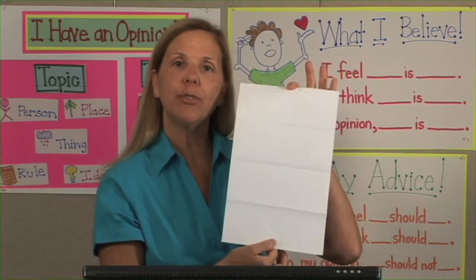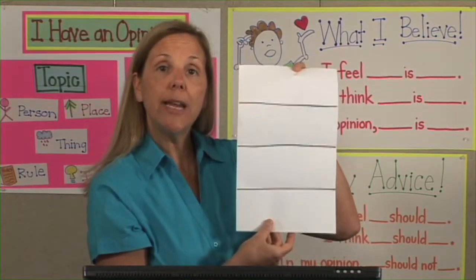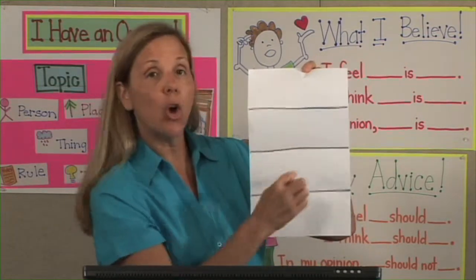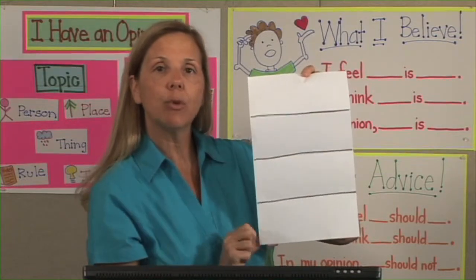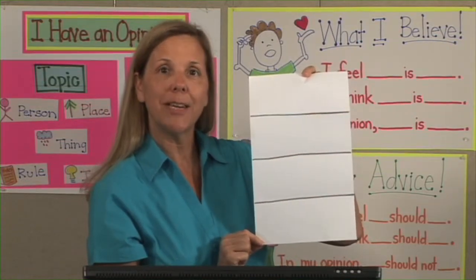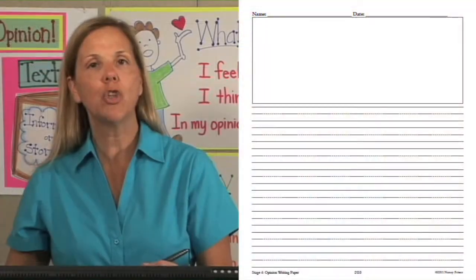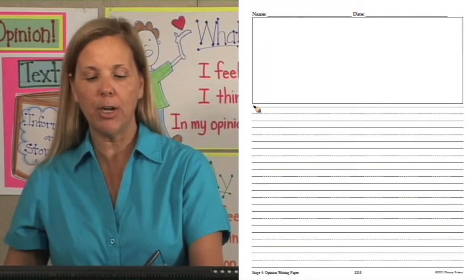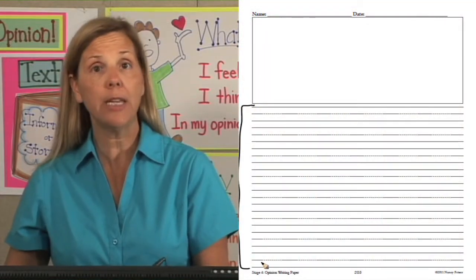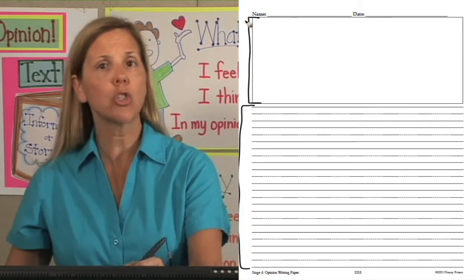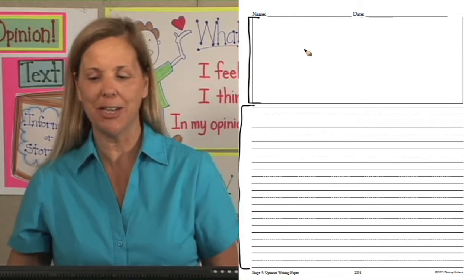When you give the students this paper, they should immediately draw lines on the folds so they will have those 4 boxes to plan their own opinions. On page 203, you have line paper in which the students can write out their opinions, and also a box to draw a picture to match their opinion.